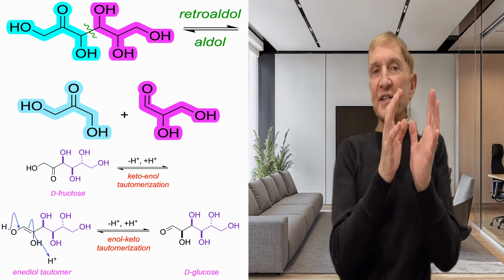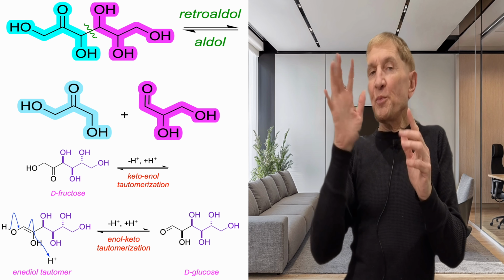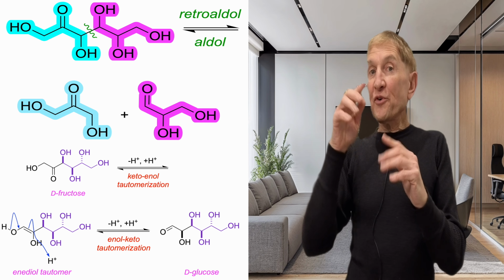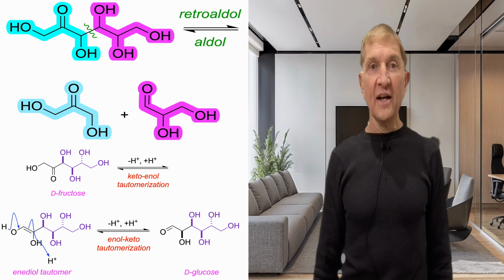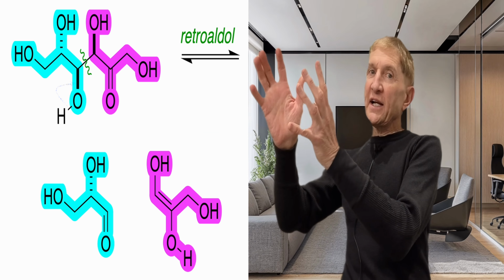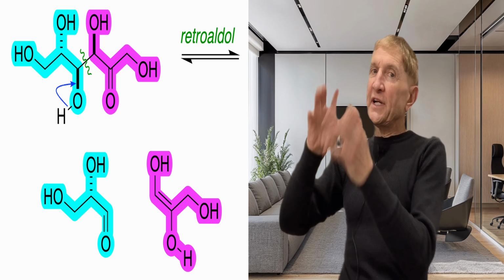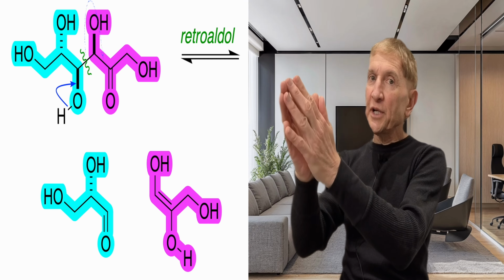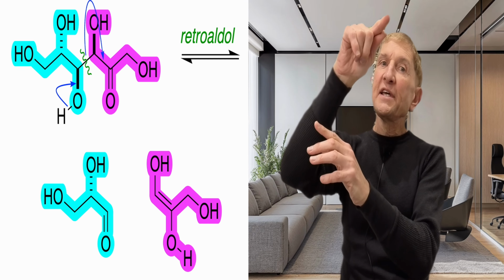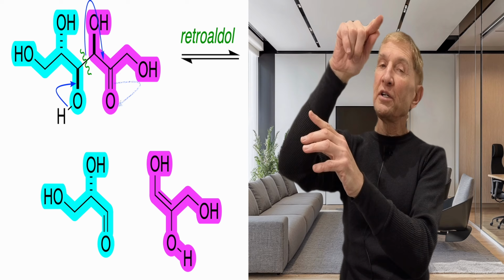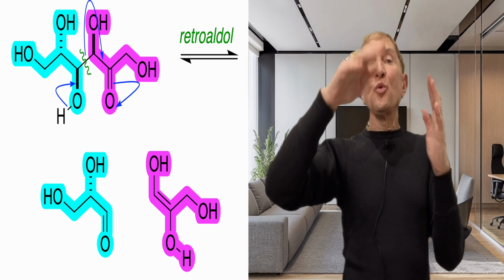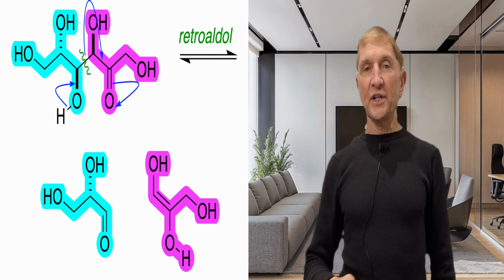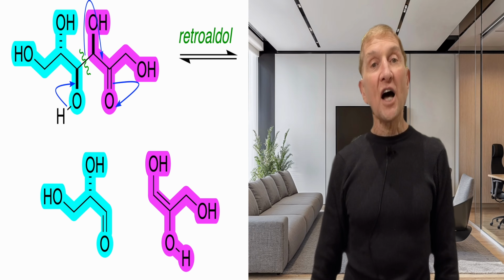That puts the ketone 2 bonds away from the C3 to C4 linkage that's going to break. Okay, let's deprotonate the C4OH, feed in the electrons, generate a carbonyl, cleave the C3 to C4 bond, and then generate an ene with 2 alcohols on it, an enediol.